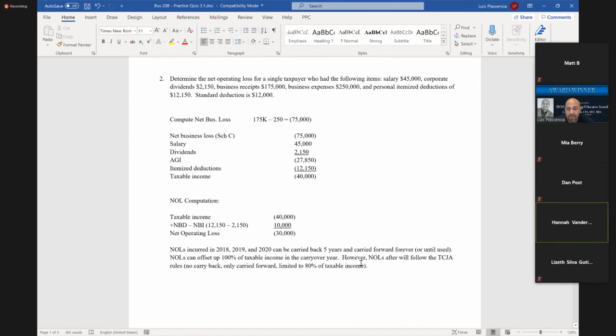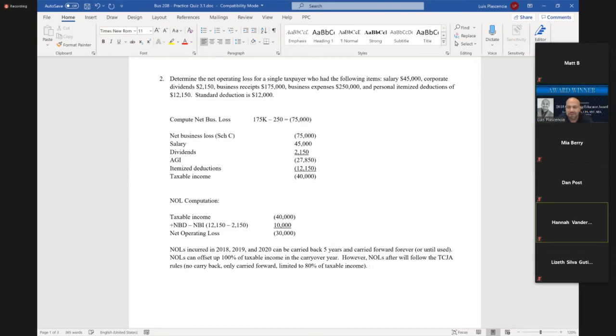Okay, and then the other years, it's only 1 year. The other years, it's 80%. Yeah, then it's 80%. Then it follows the Tax Cuts and Jobs Act rules.